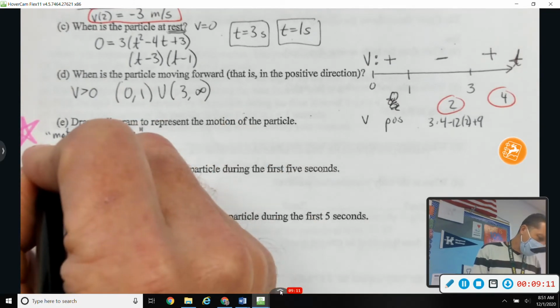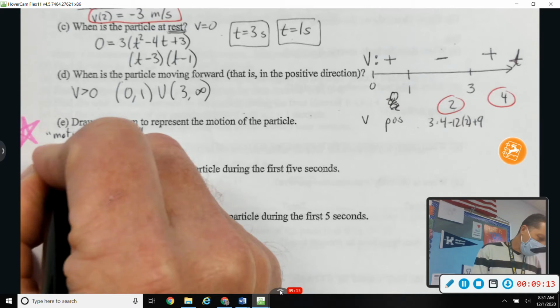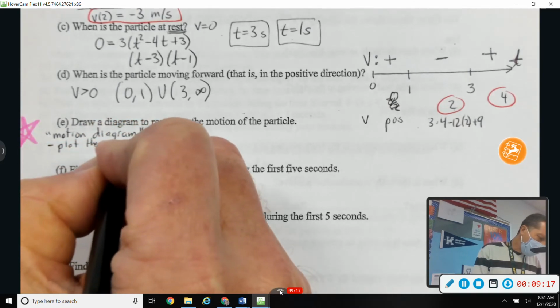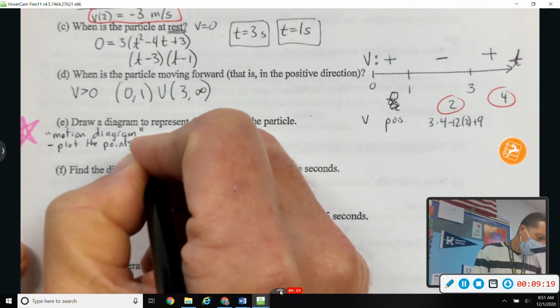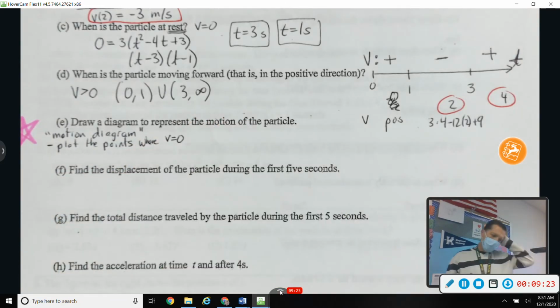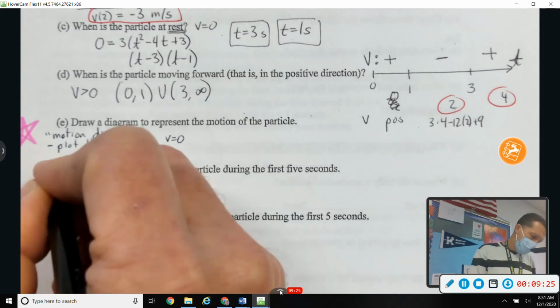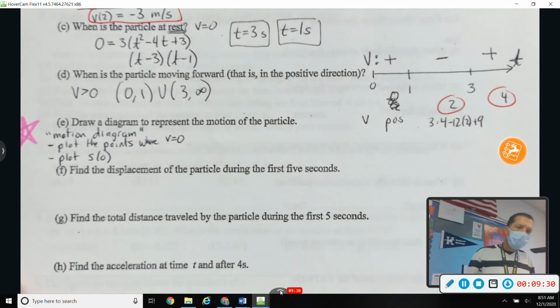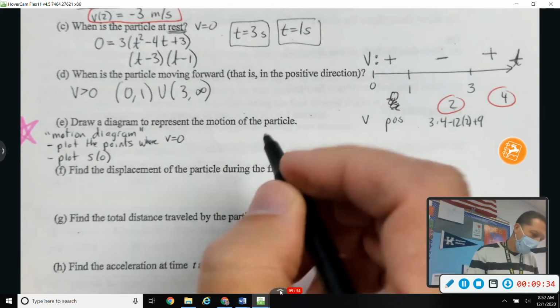And so to start with, let's plot the points where v equals 0. And plot s of 0. Probably should have done s of 0 first, so we know where to start this thing.